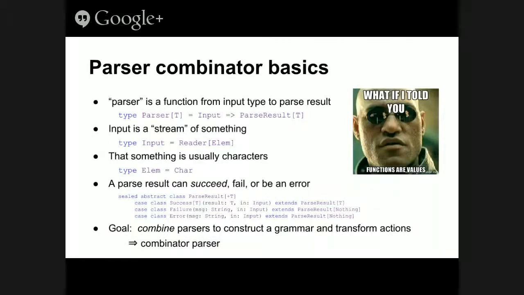So here's some more basics. Like we said, you basically want to turn some sort of input data into some parse result. Scala is strongly typed, and this really takes advantage of that.